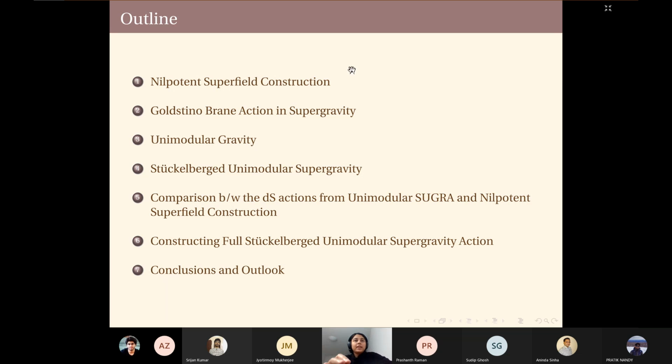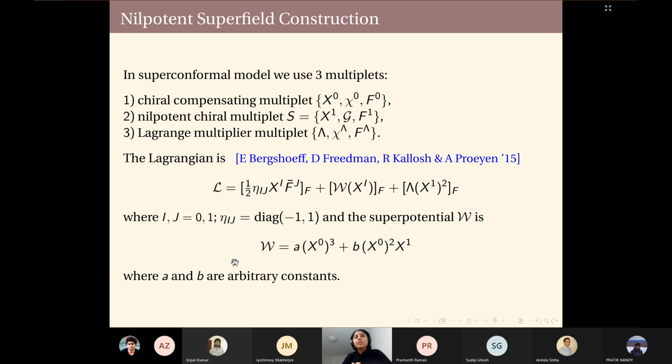And then once I've explained how all these different actions are constructed, I will try to show how to compare them. This action that I will show will be only up to a certain order in fields. Then I will talk about some work that we are doing at present, and I'll close with discussion.